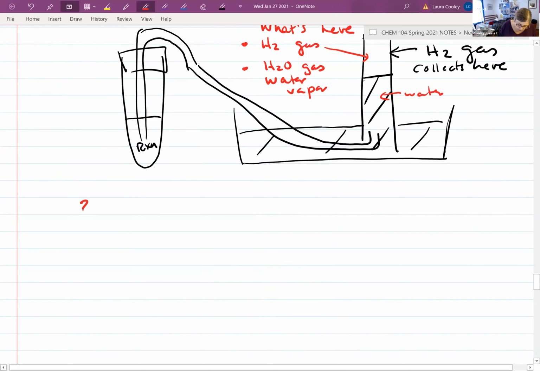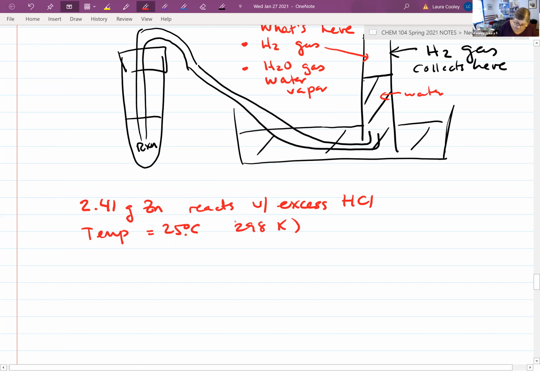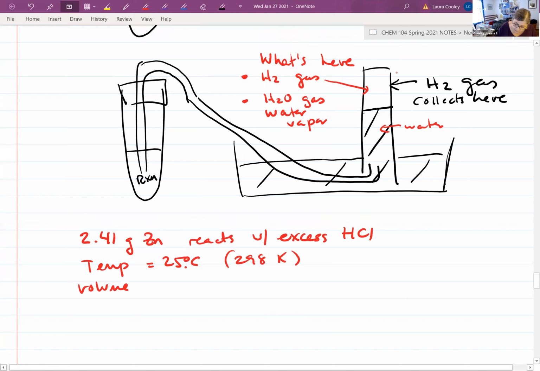So let's say we have 2.41 grams of zinc that reacts with excess hydrochloric acid. The temperature is 25 degrees C, and that's 298 Kelvin. And let's say this volume of hydrogen gas is 1.80 liters.